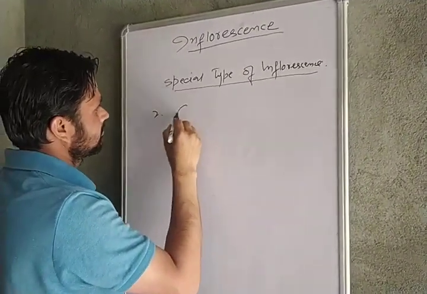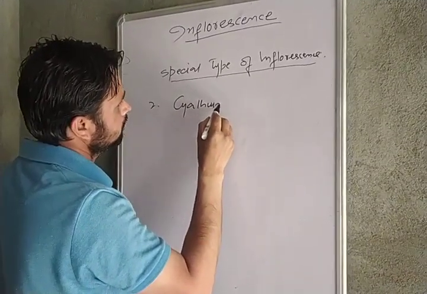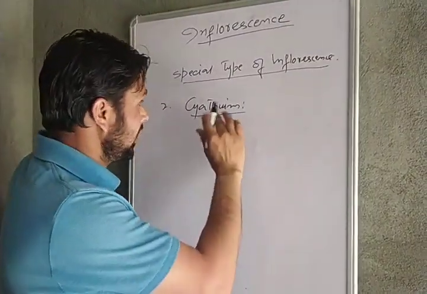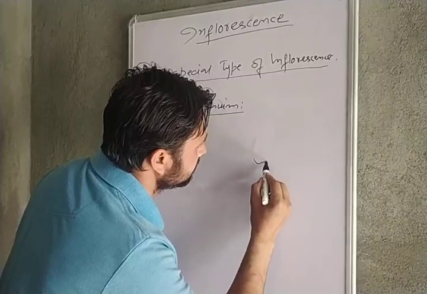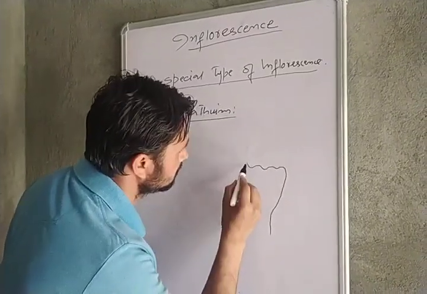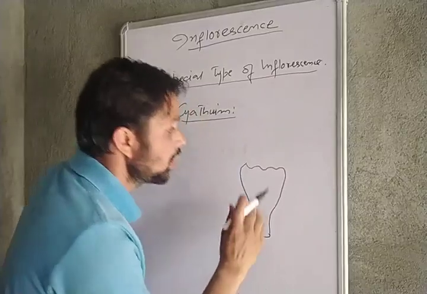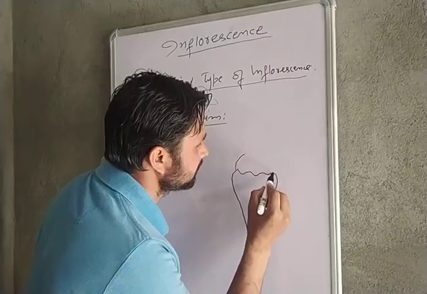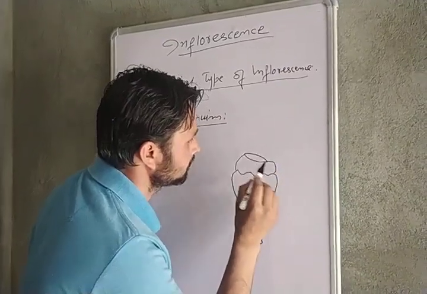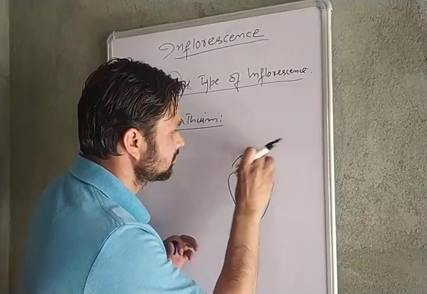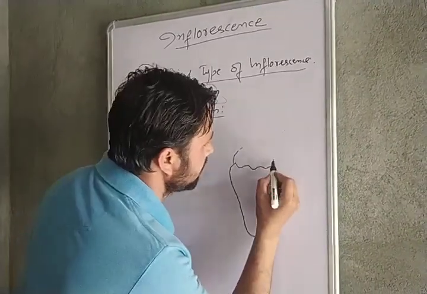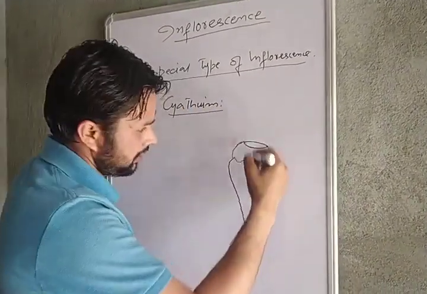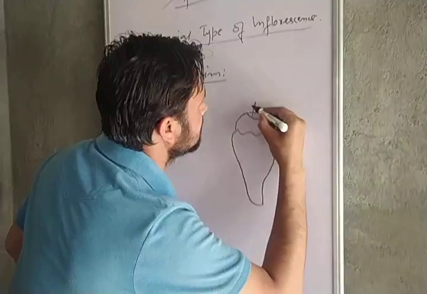Sethium. What happens in Sethium, special type of inflorescence? It has a cone-shaped receptacle, which possesses both male and female flowers.